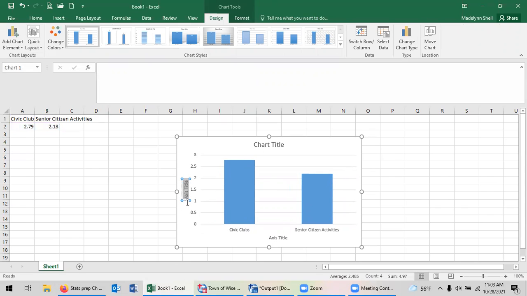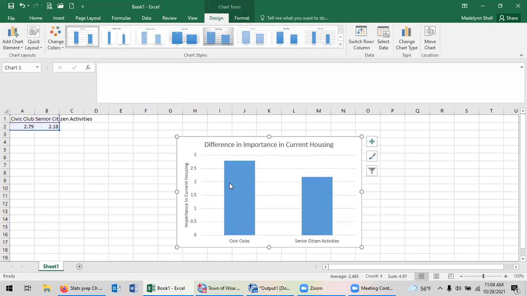Axis title might be something like importance in current housing, so having your axis titled is important. Difference in importance in current housing, something like this. You could have a label here, but we really don't need to because we've got these.